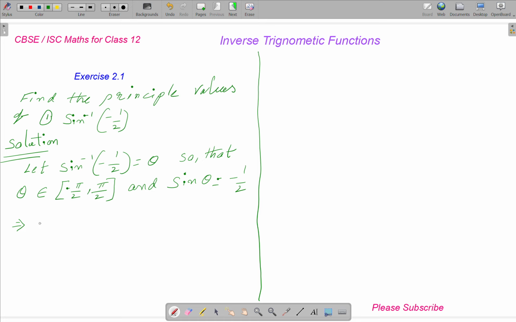That implies sin theta is equal to minus sine pi by 6, since sine 30 degrees is equal to 1 by 2.